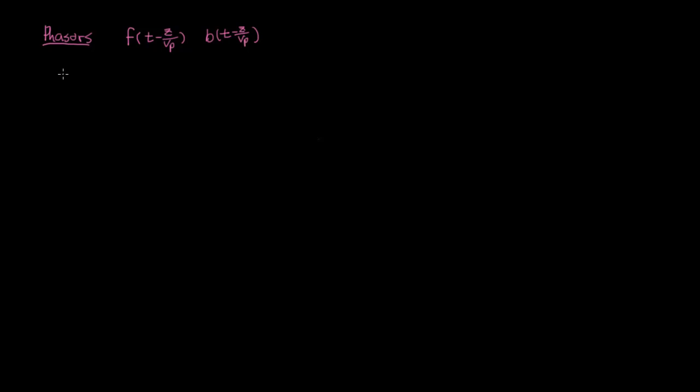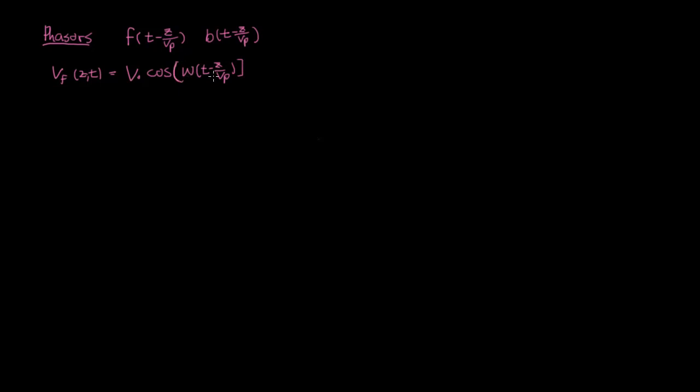In the case of phasors, let's assume that they're sinusoids of frequency omega. So our forward propagating wave, which is a function of z and t, instead of this general form, we're going to specify it as an amplitude cosine of omega times t minus z over vp.